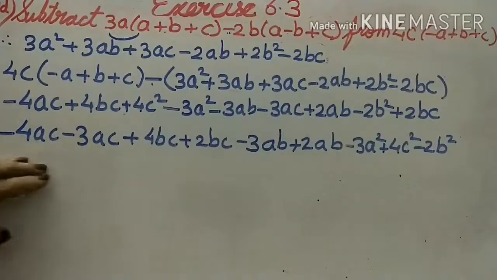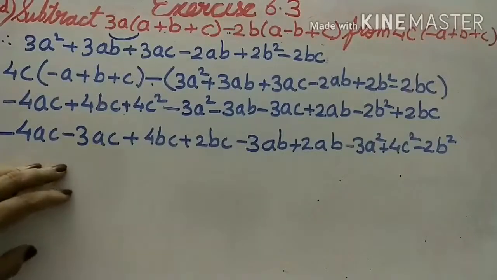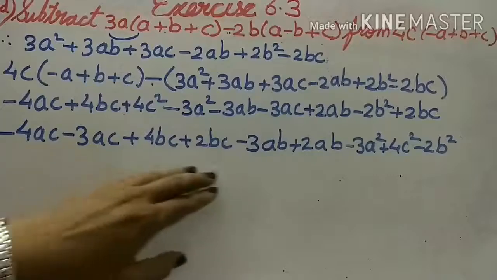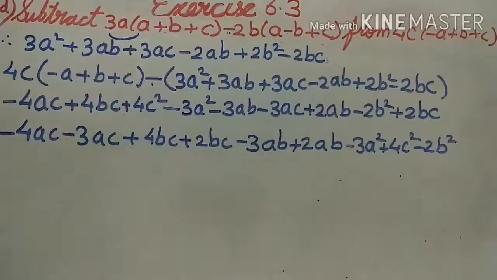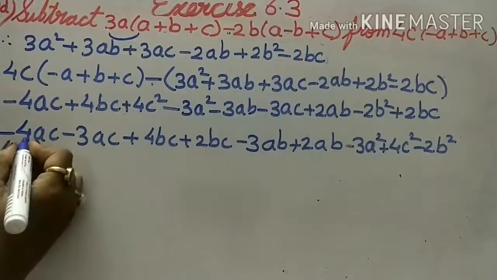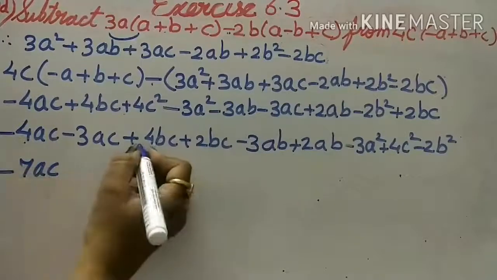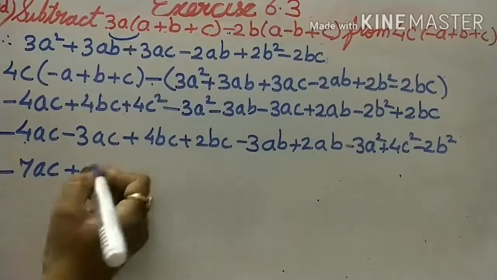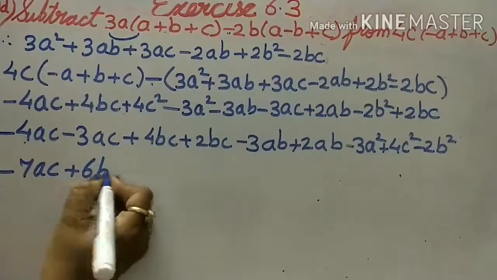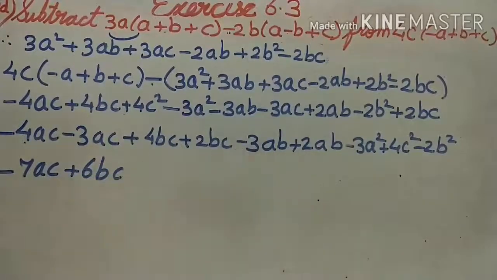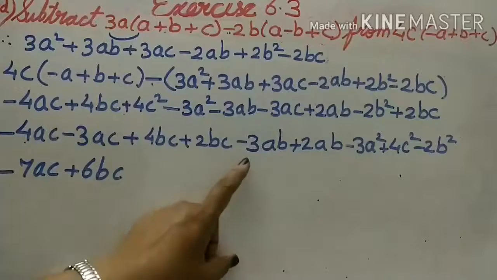So, these are like terms, so we can perform here addition or subtraction. Minus minus is always plus, but we have to write minus sign. So minus 4 plus 3 it is 7ac, plus 4 plus 2 it is 6bc. Now, plus minus is always minus, but we have to write greater number's sign.